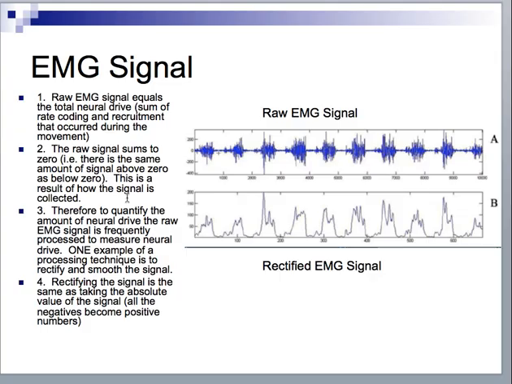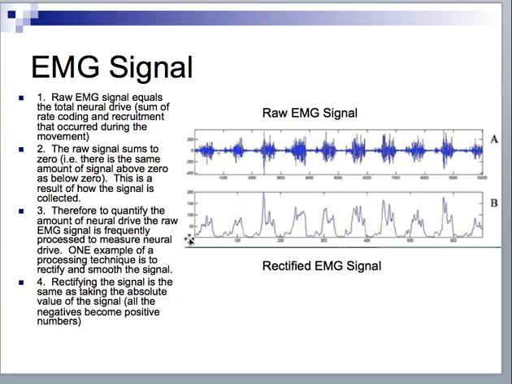This kind of signal gives us an idea of how hard the nervous system is driving the muscle to try to produce force. So it's not surprising that we get this kind of arbitrary signal that has positive and negative values.